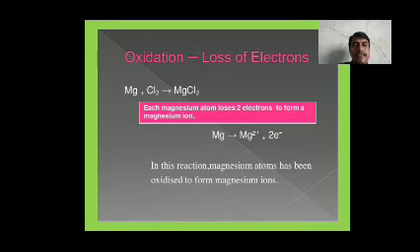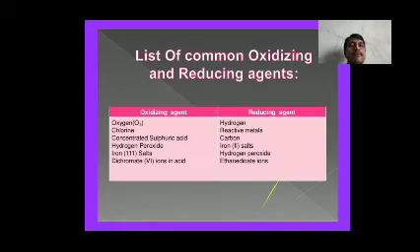Mg gives Mg2+ plus 2 electrons. Magnesium is oxidized by loss of electrons.